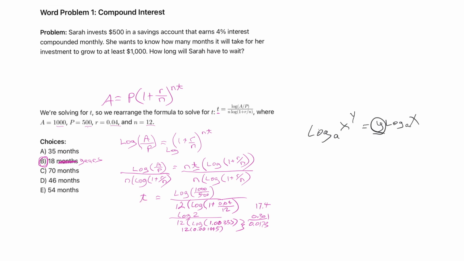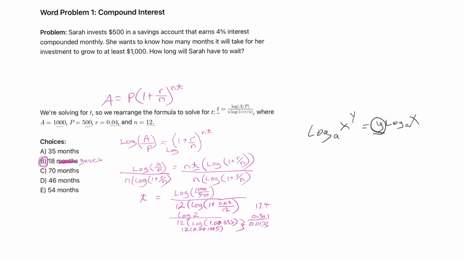So t is equal to log of 1,000 divided by 500, which is what I want, divided by what I'm starting with, divided by 12, we're going to say compounded monthly, times the log of 1 plus 0.04 over 12, close parenthesis. Well, when we do this, 1,000 divided by 500 is 2.